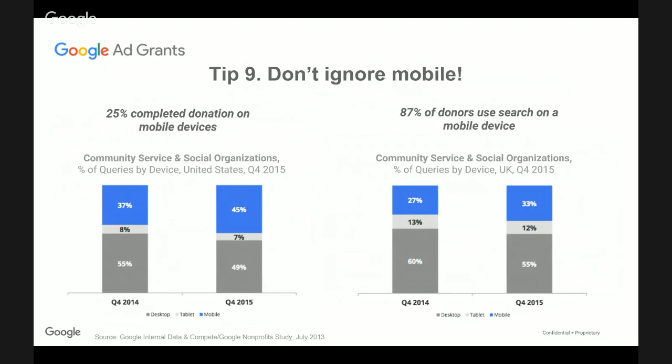Not only have we seen traffic increasing on mobile, but we've also been seeing people taking valuable actions on mobile devices. So you'll see from these stats here that donors aren't just searching on their mobile devices, they're also making donations on them as well.